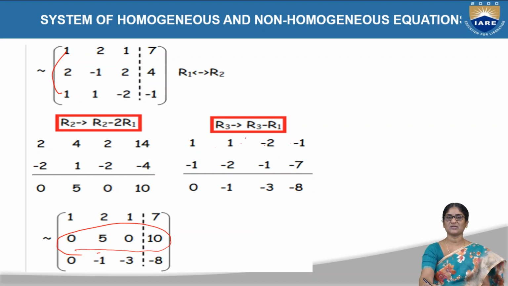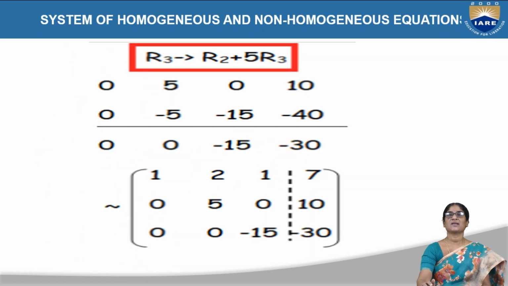Still the matrix is not in echelon form. There is scope to reduce the R32 element to 0 by using the R2 element, that is 5. So let us see what operation we can do to convert the second element of the third row to 0 to get the echelon form. I can write it as R3 plus 5R3, that is R2 plus 5R3.